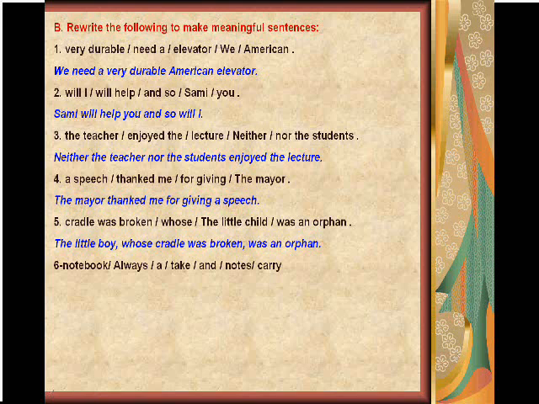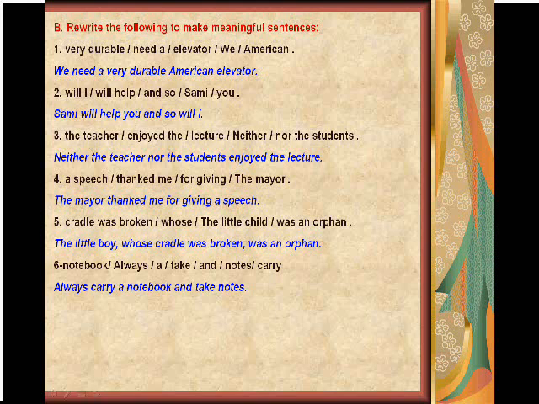Number 6. Notebook, always a take and notes carry. Notebook, always a take and notes carry. So, excellent.